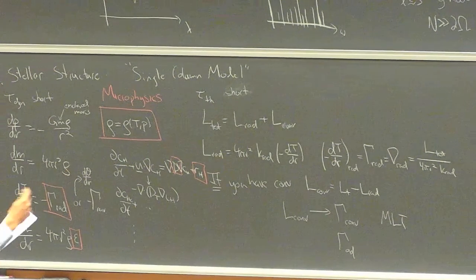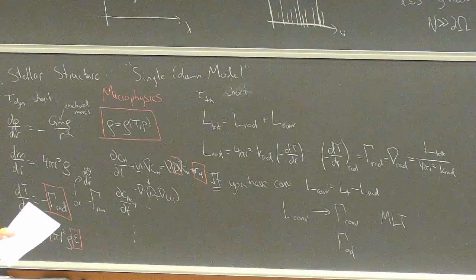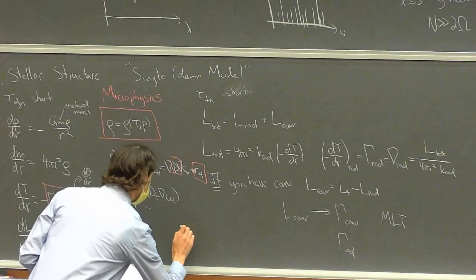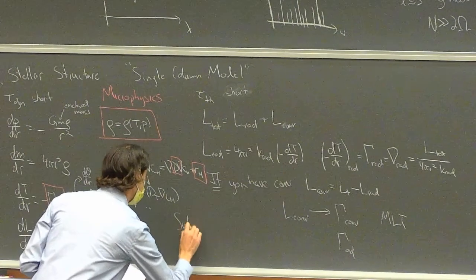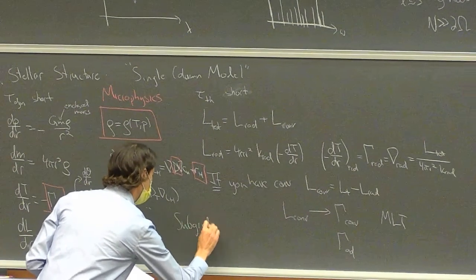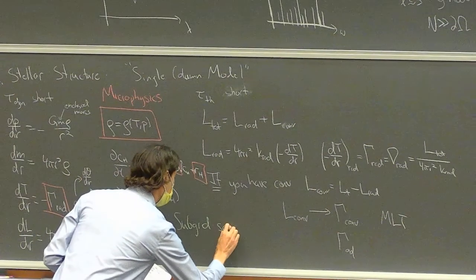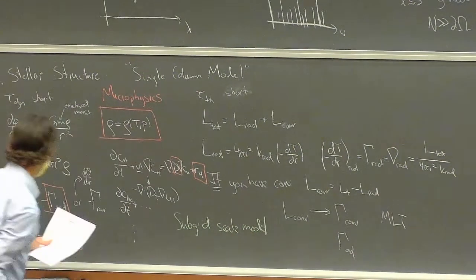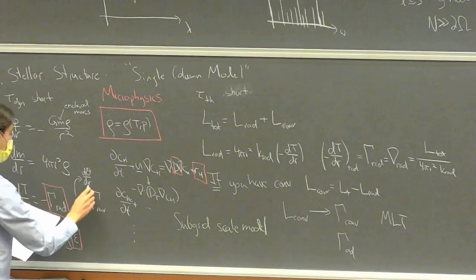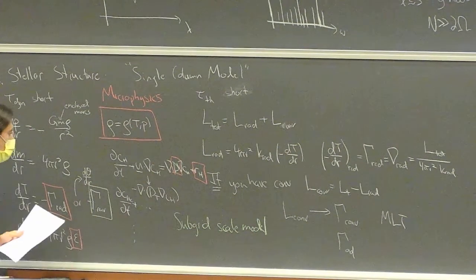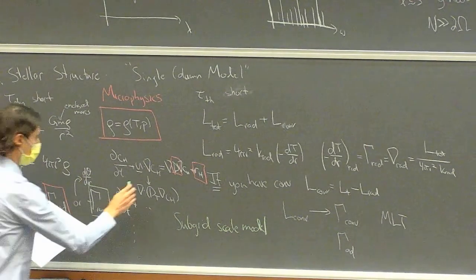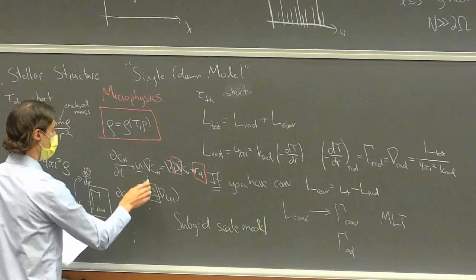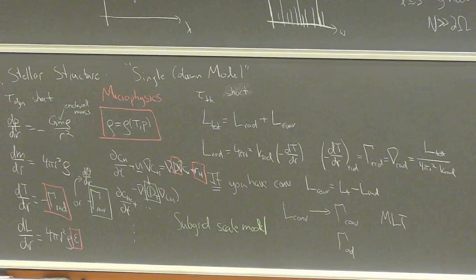The other thing, which is what I'm going to focus on in the second half here, is what I'll call sub-grid scale modeling. So that's something like what is this convective lapse rate, and what is the turbulent diffusivity for the different chemical species.